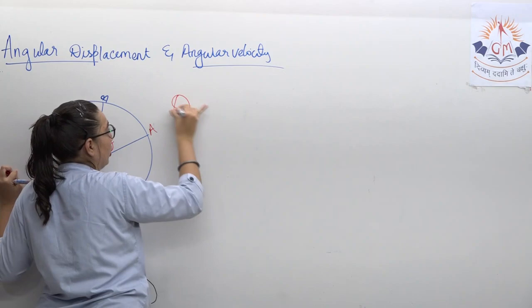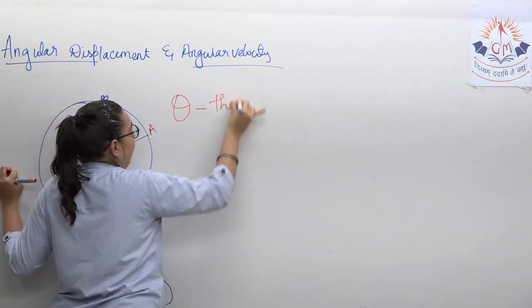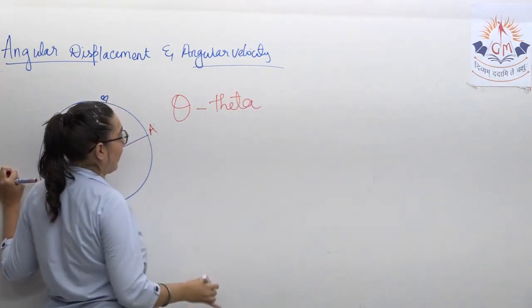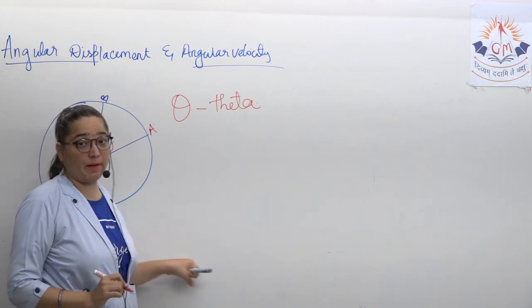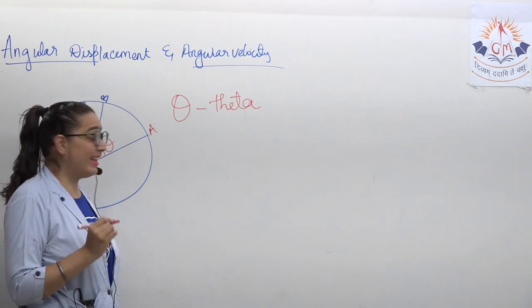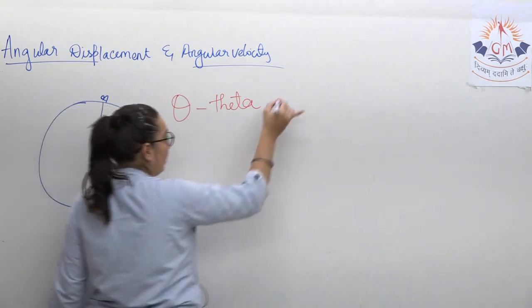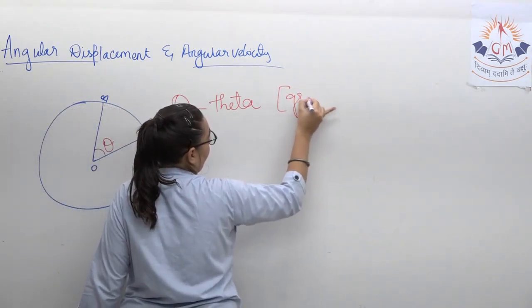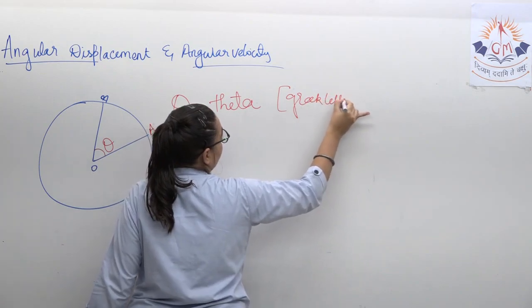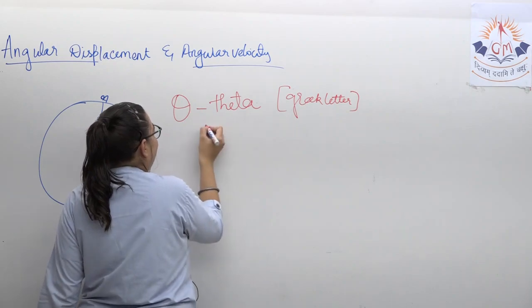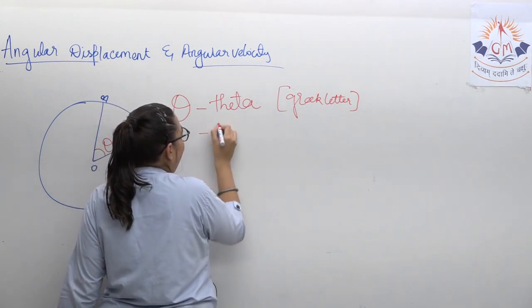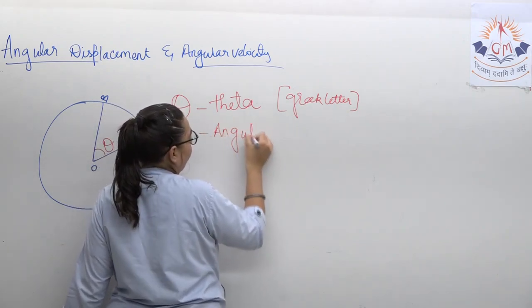This is a Greek letter written as theta. You might have heard it for the first time. It's a Greek letter which indicates angular displacement.